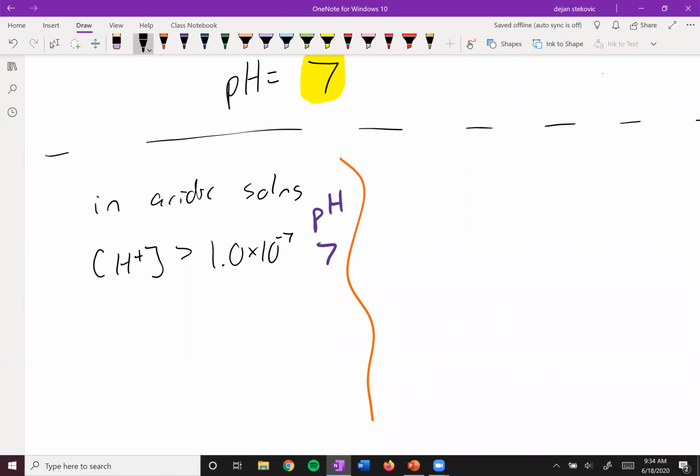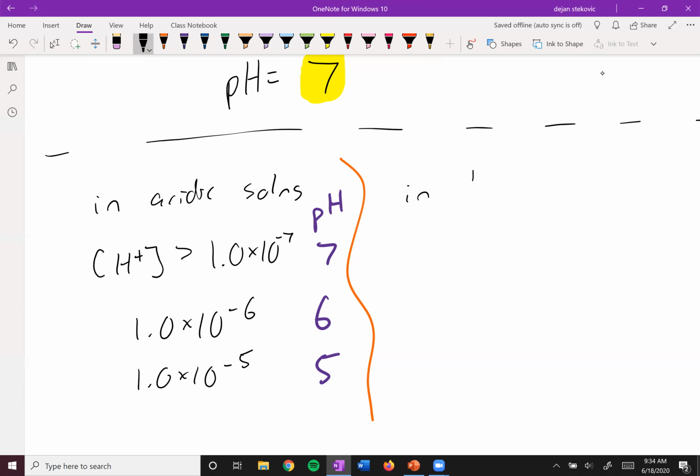But if we want to get greater than 1 times 10 to the negative 7, we could say maybe 1.0 times 10 to the negative 6, or maybe 1.0 times 10 to the negative 5. If you take the negative log of these numbers, you'll get 6 and 5. So we can see as our concentration of H plus increases, our pH decreases, right? That's why when something is acidic, it has a low pH.